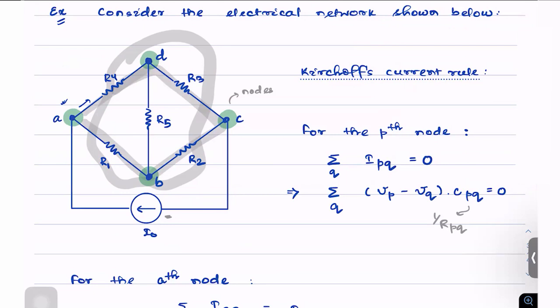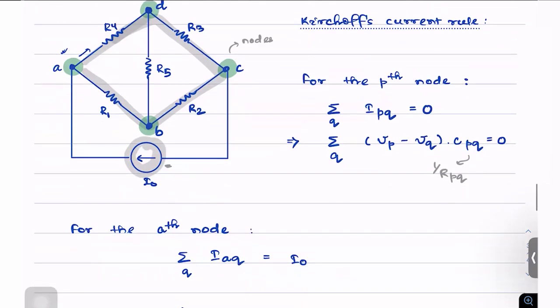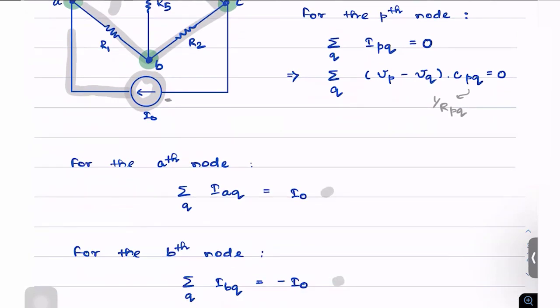And they're not connected to the external source that is there. Similarly, when we write the Kirchhoff's equation for the ath node, we separate out these branches from the branch that connects us to the external source. The same holds for the bth node as well.